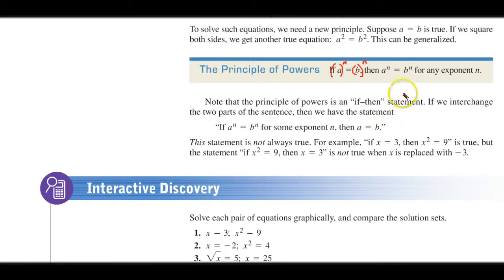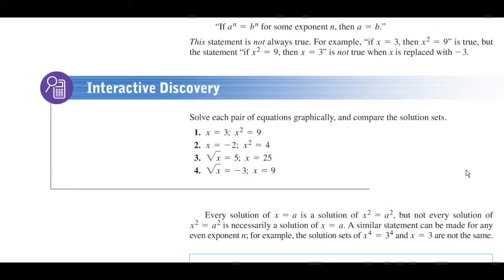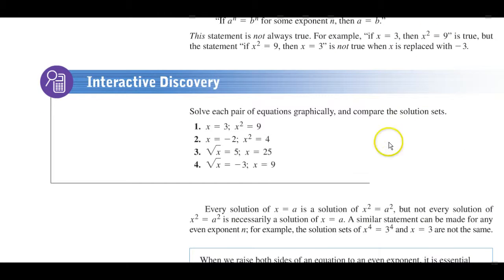Now, there is a problem every once in a while that we generate an answer, because we're squaring something, that is not a valid solution. So we have to be careful of that when we use the principle of powers. So let's go on. And that's what they're describing here, by the way.